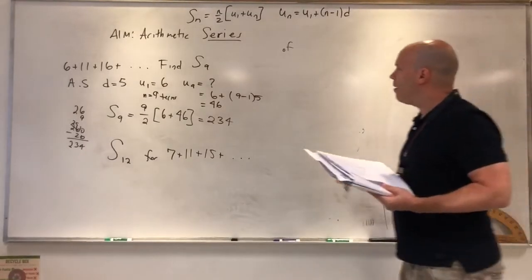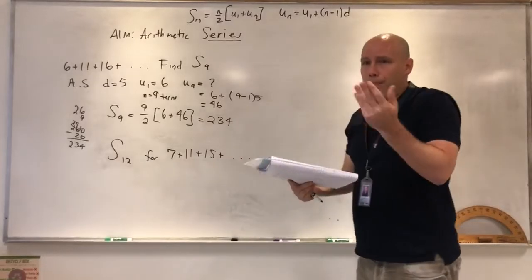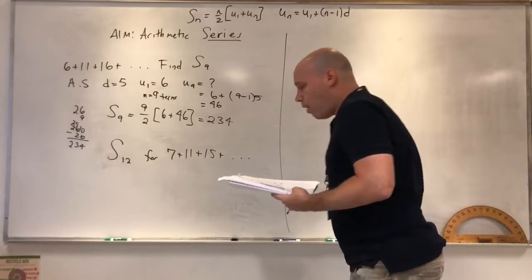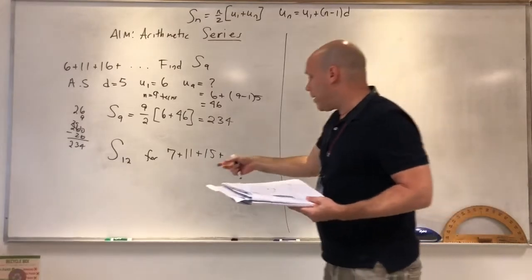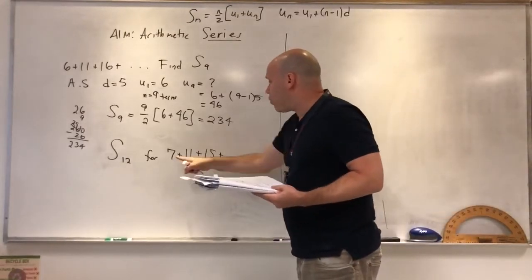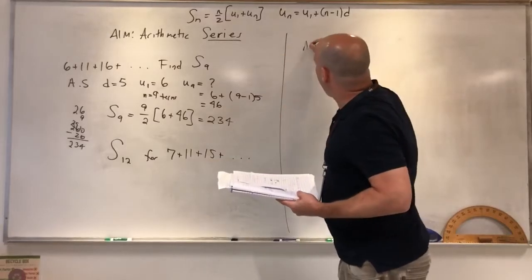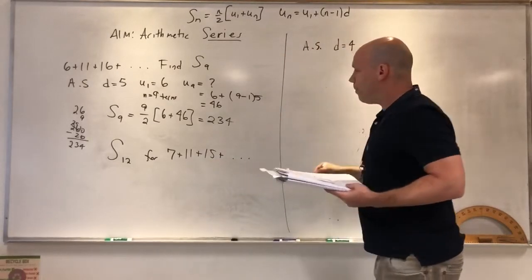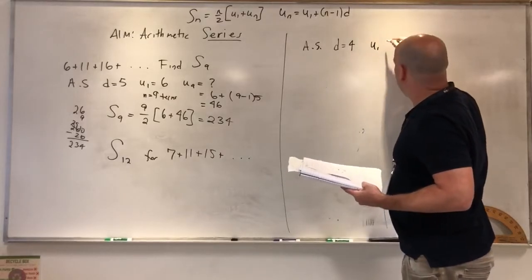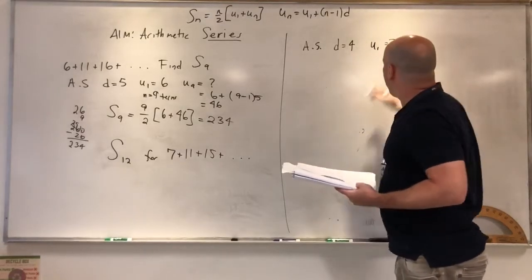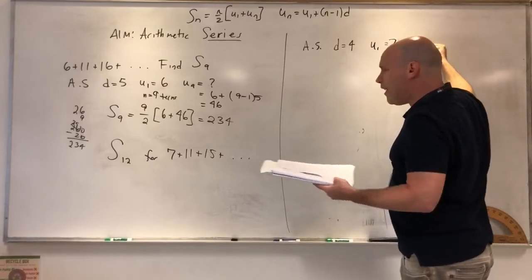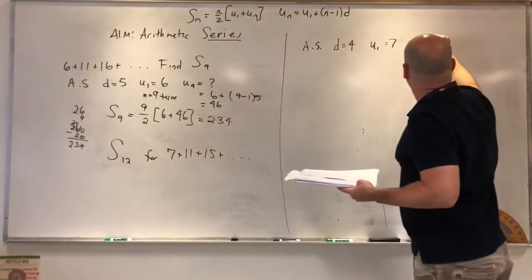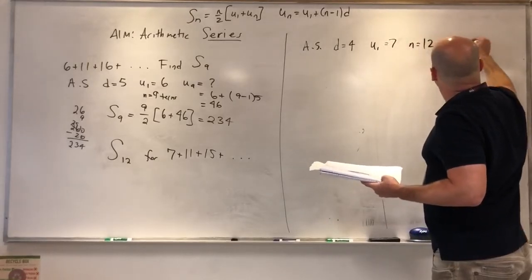What do you think? Shut the computer, put it on pause. Okay, now we're back. It's going up by 4s, so I know it's arithmetic. The common difference is 4, and my first term is 7. I'm looking for 12 terms, so I need the 12th term.